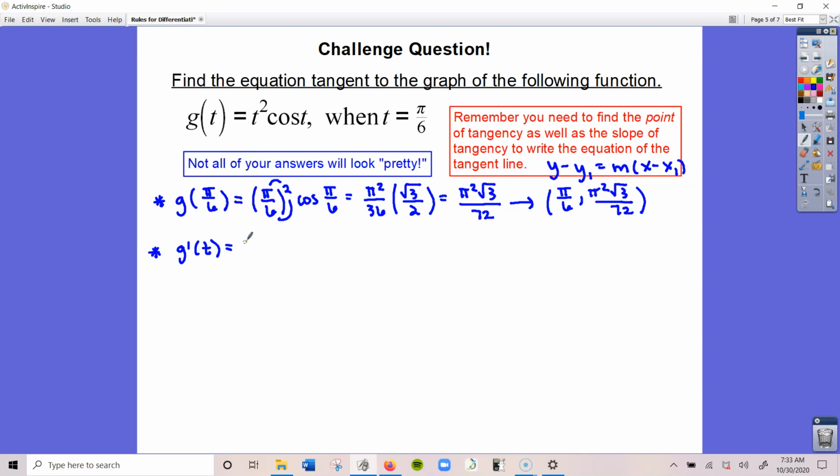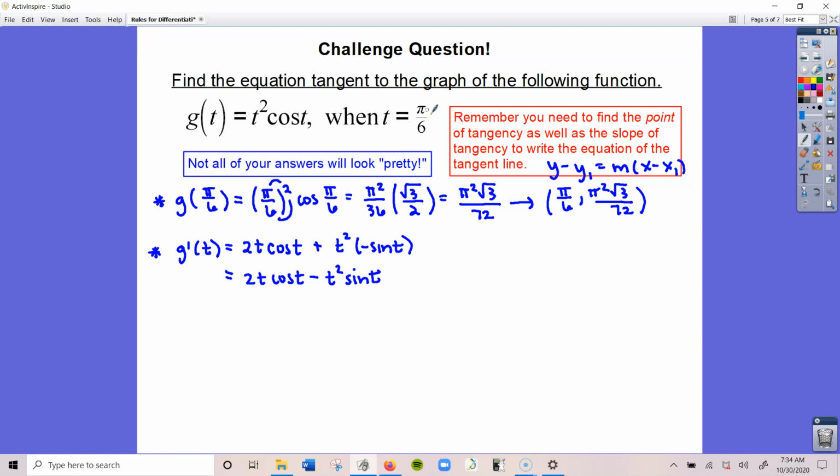This is a product, so I'm going to apply the product rule. The derivative of t squared is 2t, and then we're going to multiply with cosine of t, plus t squared times the derivative of cosine, which is negative sine t. And we can just rewrite this so that it's 2t cosine t, and because of this negative, we're going to make it minus t squared sine t.